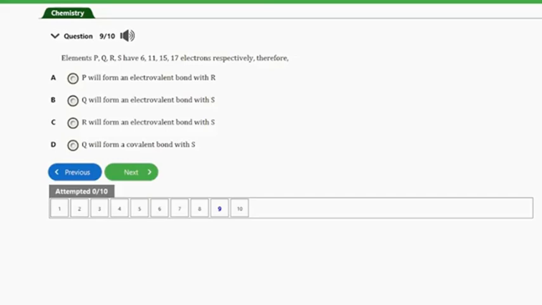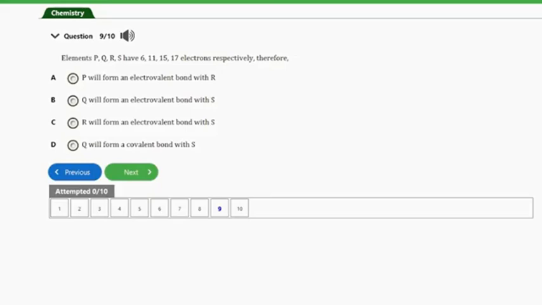So Q is having 11 electrons, whereas S is having 17 electrons. So guys, Q is a metal, and it's actually a group 1 metal since it's having 11 electrons. So it will have 2 electrons in the first shell, 8 electrons in the next shell, and then 1 electron in the last shell, so making the 11 electrons.